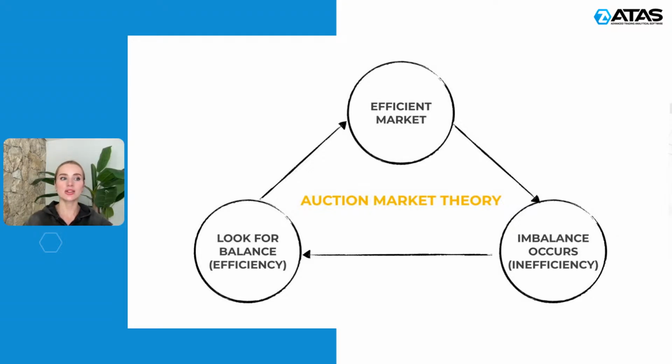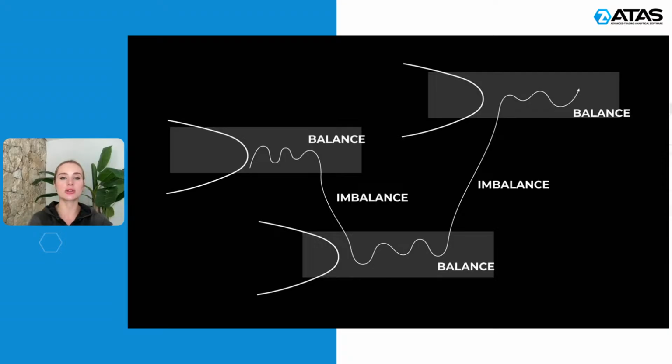Okay, so now let's have a look at the specific model of price movement that is shifting between the phases. And we're going to be talking about accumulation, manipulation, and distribution in a second.